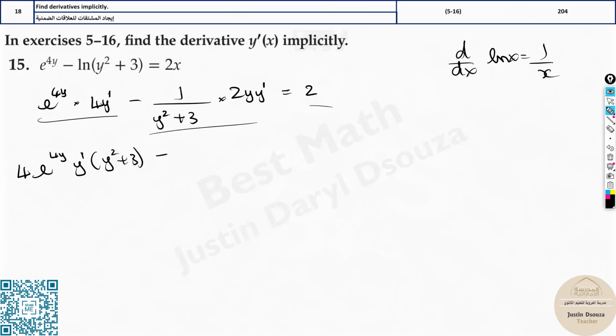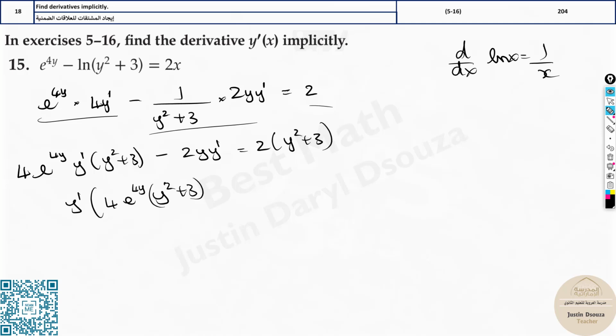Now here you don't have to multiply, because when you multiply, this denominator gets cancelled. So you're remaining with 1 times this much, which will be 2y y prime itself, equals 2 times (y squared plus 3). Now which are the y prime terms? These two, right? I'll just take y prime out, and you're remaining with 4e to the power 4y, times (y squared plus 3). This is in a bracket. And then minus 2y.